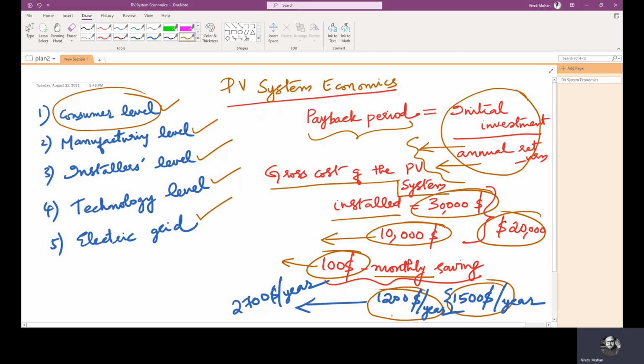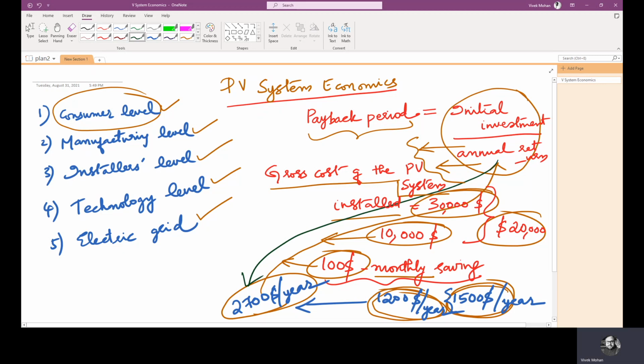So $1,200 per year is the electricity bill saving, and $1,500 per year is the earnings from sale of electricity, or by pumping the solar power to the upstream grid. So the total yearly savings is now $2,700 per year. In this case, this can be the annual return.